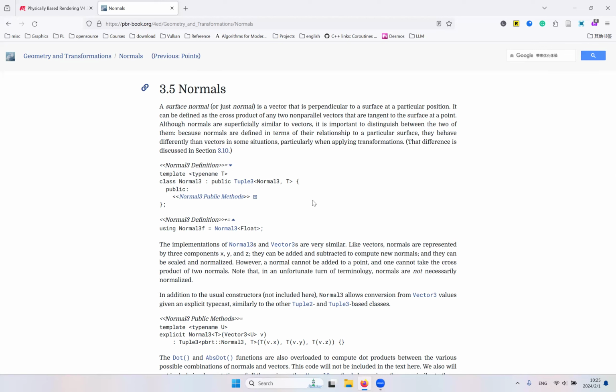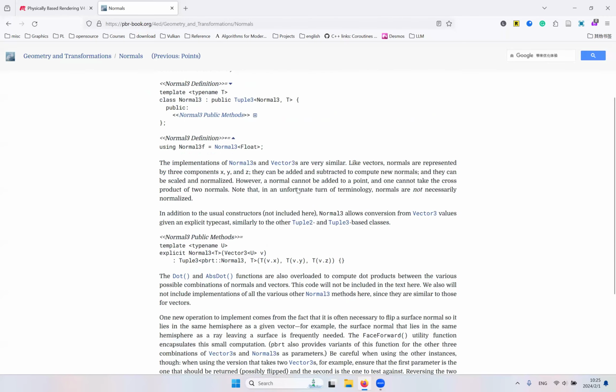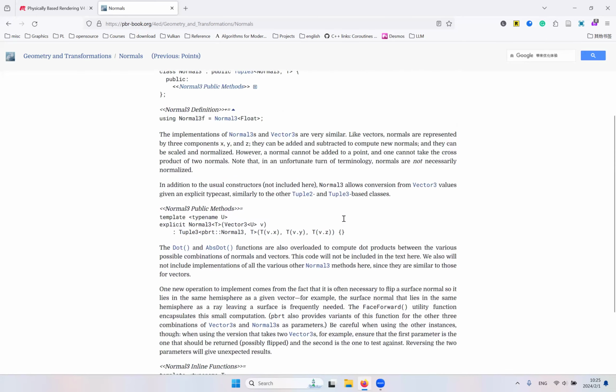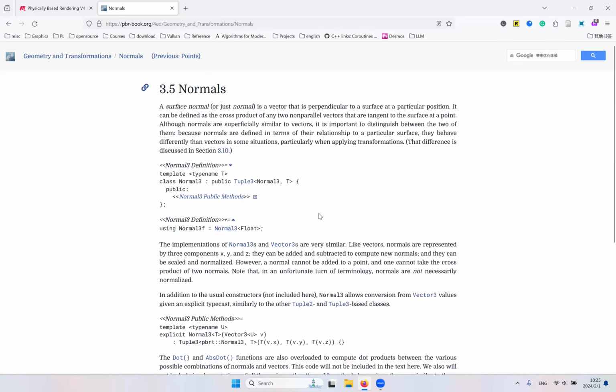So you actually have to transform more than one thing. So mainly for the transformation, a normal behaves differently than a vector.